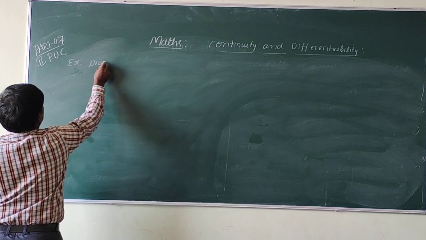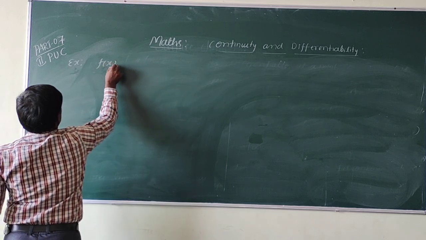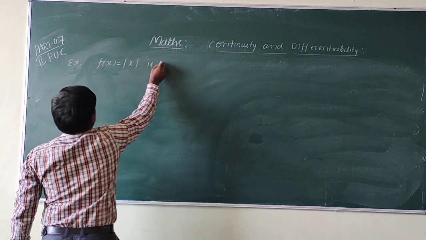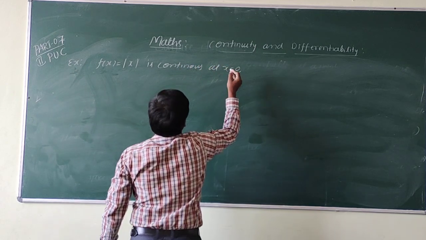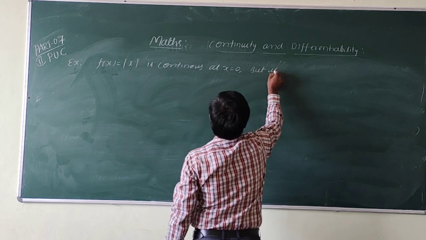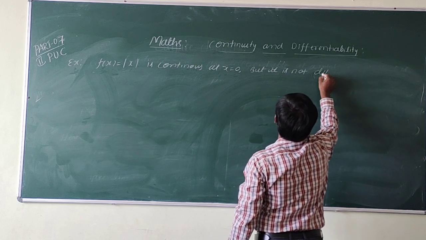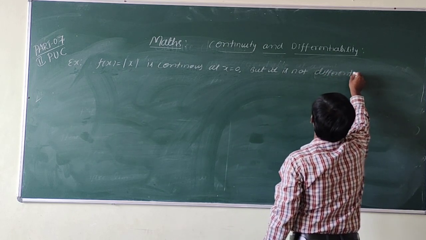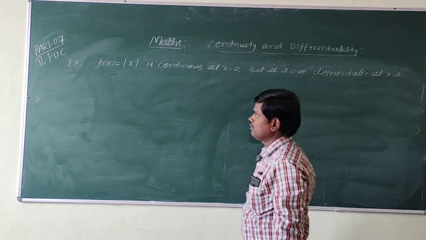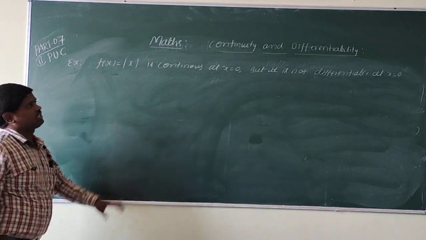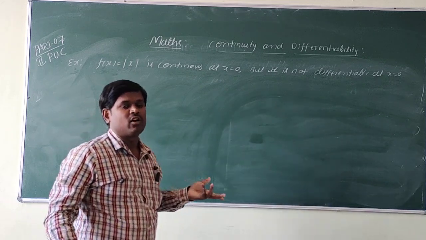Prove that f of x is equal to mod x is continuous at x is equal to 0, but it is not differentiable at that point 0. Okay. So f of x is equal to mod x is continuous at x is equal to 0, but it is not differentiable. That means every continuous function need not be differentiable.